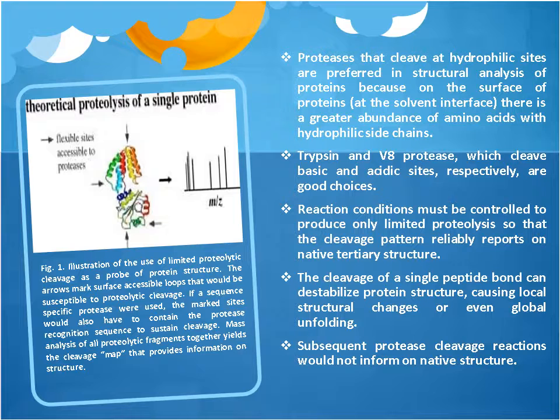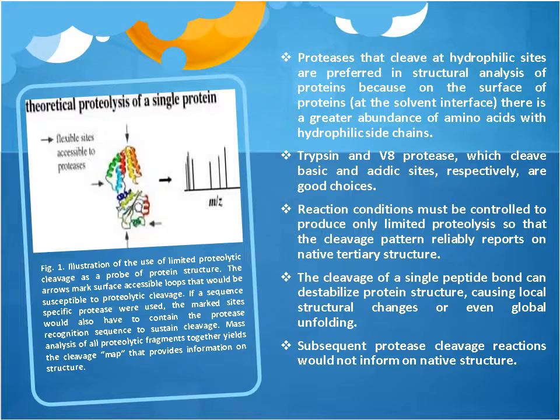Proteases that can cleave at hydrophilic sites are preferred in structural analysis of proteins because on the surface of proteins there is a greater abundance of amino acids with hydrophilic side chains. Trypsin, which cleaves at basic sites, and V8 protease, which cleaves at acidic sites, are considered to be good choices for this.